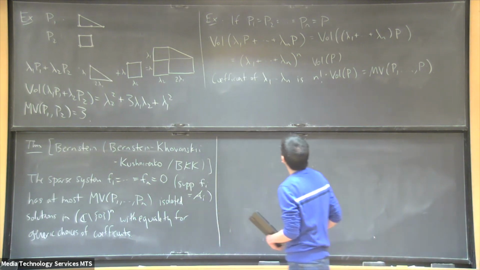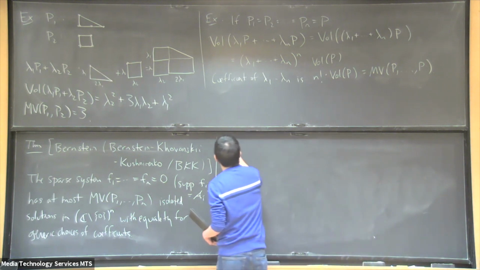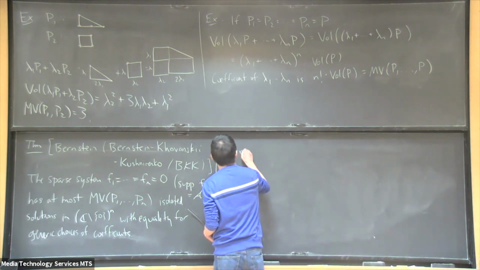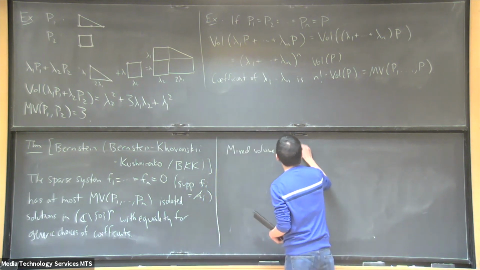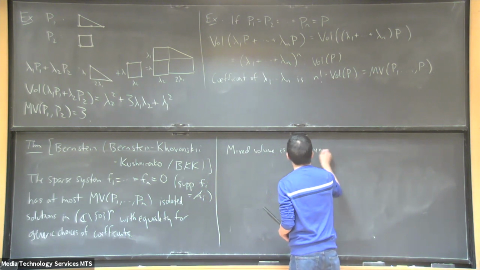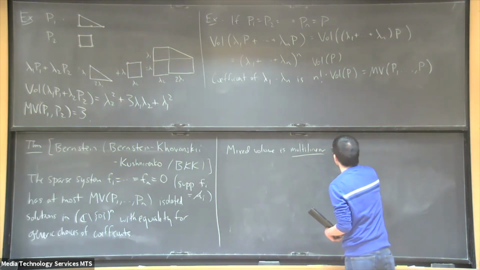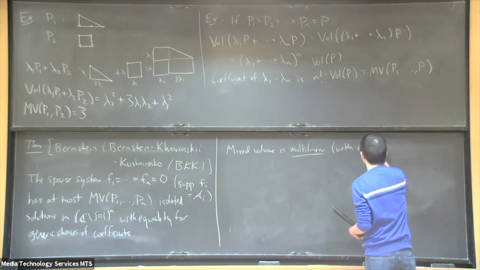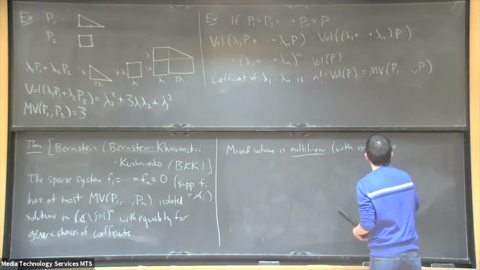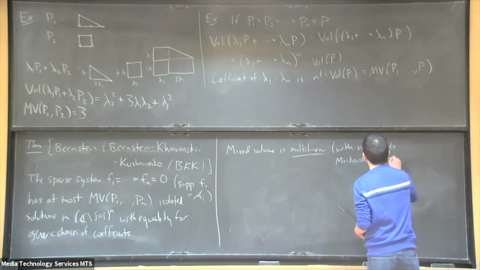So let's do a different case. Let me mention one property of mixed volume. This turns out to be multilinear in each coordinate. What do I mean by multilinear? I mean, in the usual sense, with respect to Minkowski sum and the usual scaling.